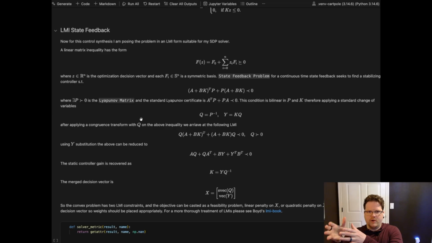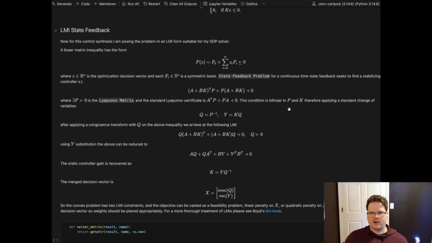You can pluck it out and then multiply it by another symmetric matrix F, and then you sum that over time, and if that result is positive semidefinite, then we have a suitable LMI. So it requires a linear mapping or operator in between, which I handle. It's hidden right now just because I don't want to dive too much into the weeds. It's basically scaling this symmetric basis, and then summation over that plus F naught, which would just be like a bias in some ways, which is that F operating on Z.